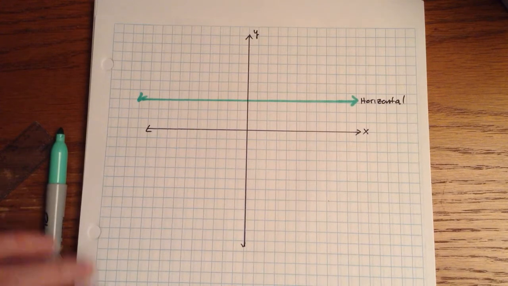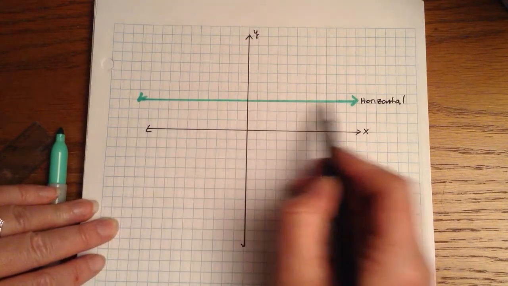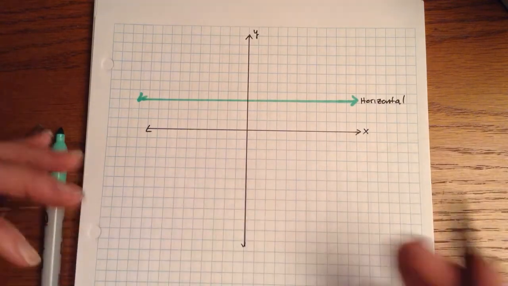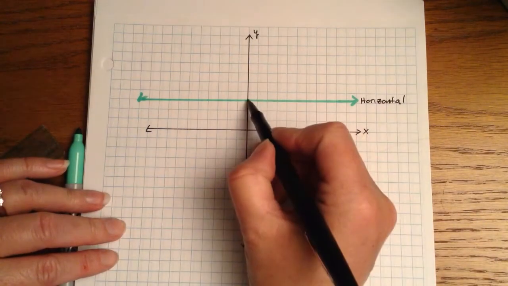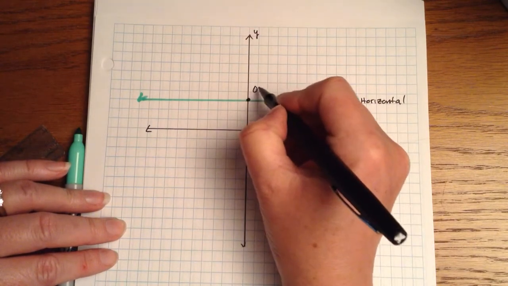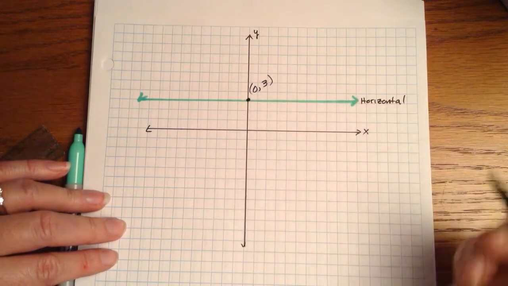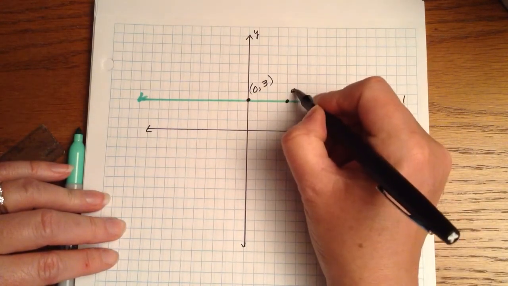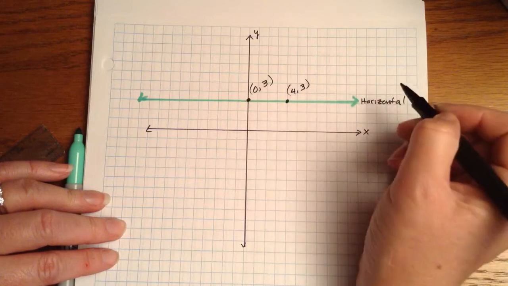Now we know that a line is nothing more than a collection of points that are collinear. They all line up. So I'm just going to grab some points off this line. For example, there's a point right here, and its coordinates would be 0, 3. Here's another one. This is 4, 3.